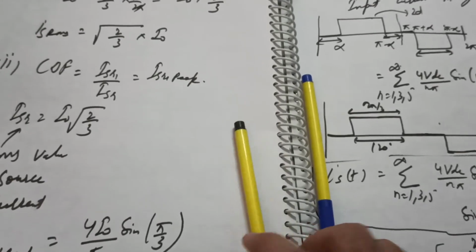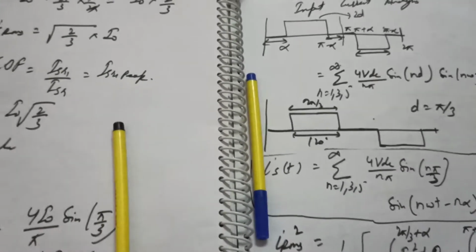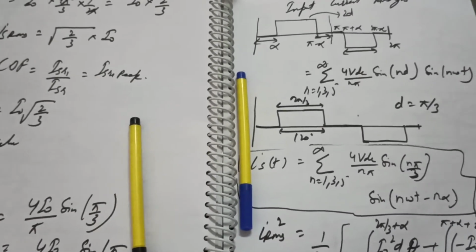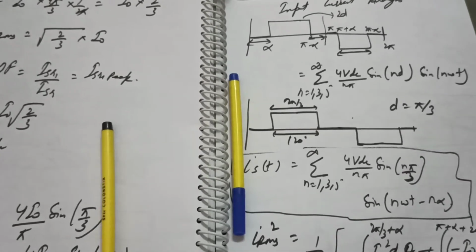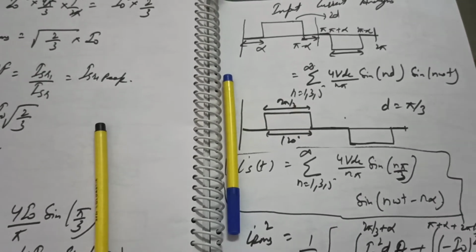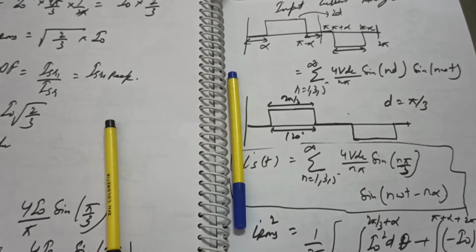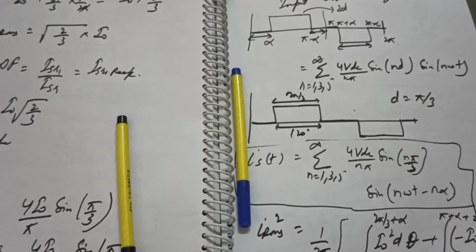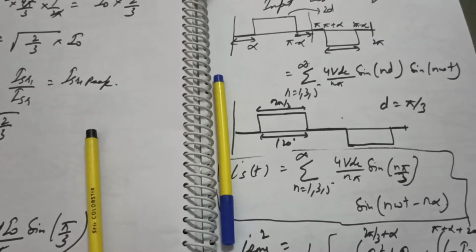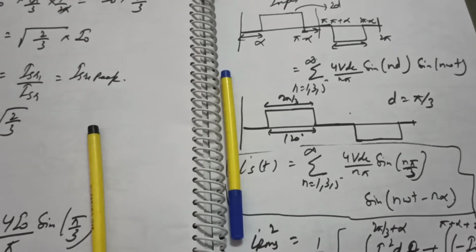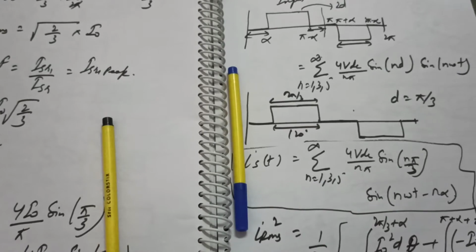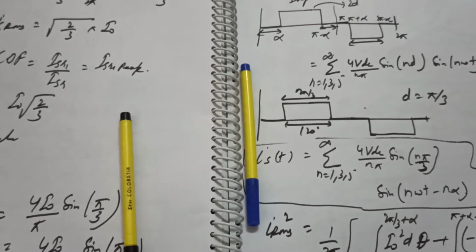Most of us are not familiar with PWM, but I will still take the opportunity to explain that for the Fourier analysis of these kinds of waves, only one thing is required, that is the pulse width. What is the width of the pulse?